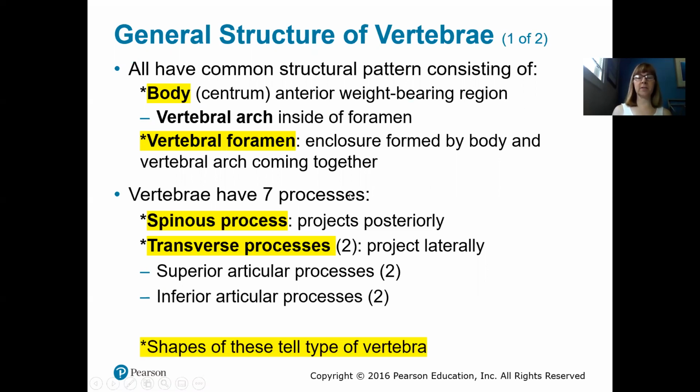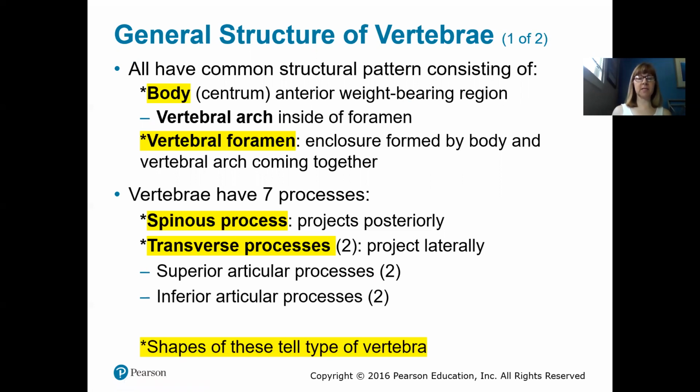Then they have a whole bunch of different processes. There's the spinal process, which is the major process on the top. And then they have a transverse process, which are the ones that go laterally on the side. Then they also have some smaller processes, but the spinal process and the transverse process are the main way that we identify the different vertebrae.